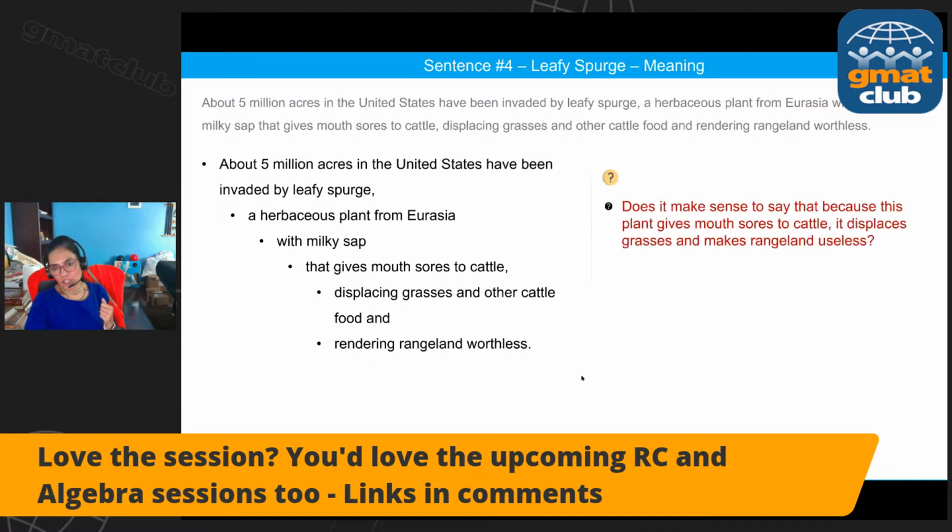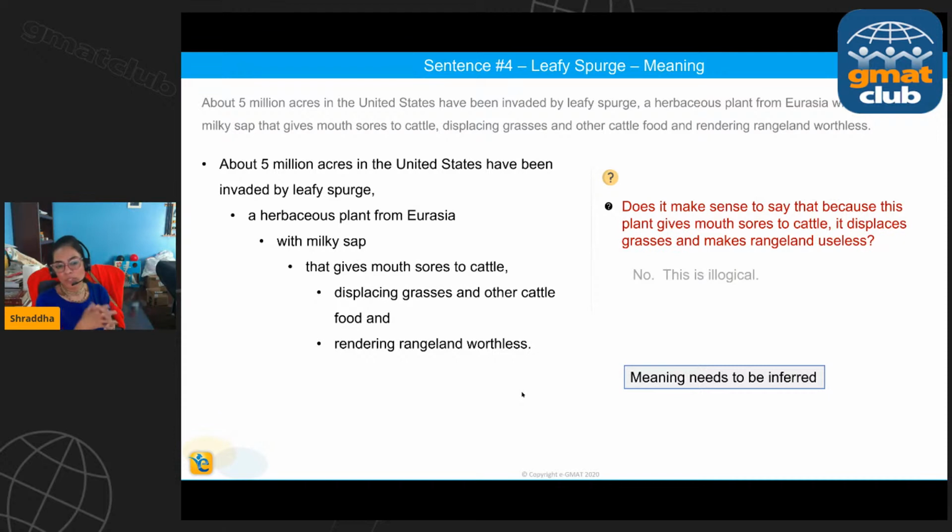So, with this understanding, the meaning was absolutely off in the sentence. As we did a deep dive into the meaning of the sentence, we understood how very off the meaning was, right?